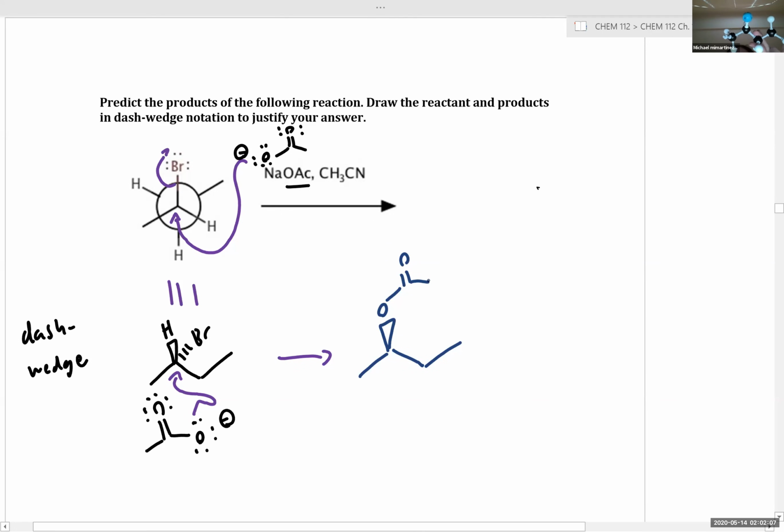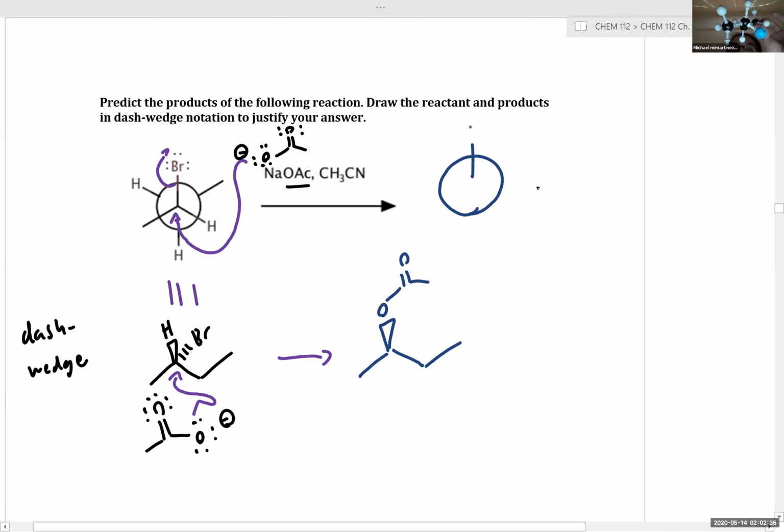Perfect. Now, from a Newman projection perspective, let's just look at our Newman projection. All we have to do is rotate our molecule, look down our carbon-carbon bond, and draw what we see.